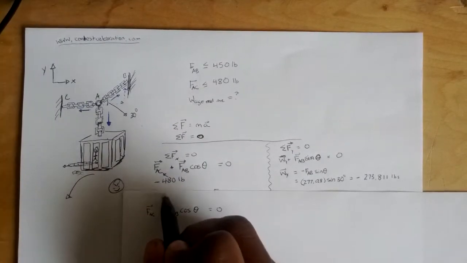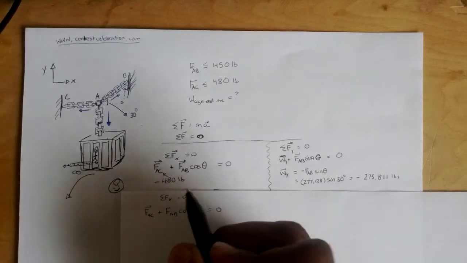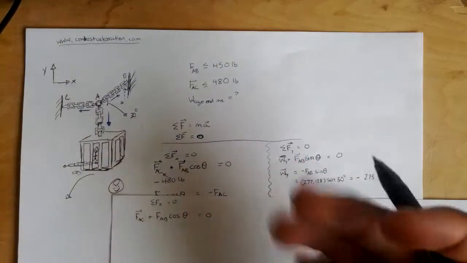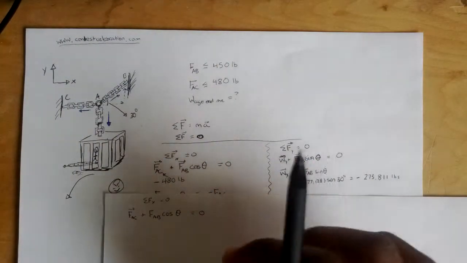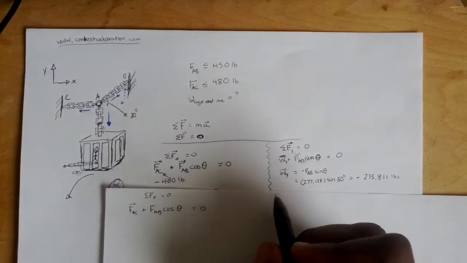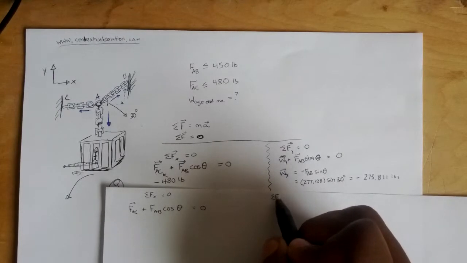And this is the sum of all forces in the x direction. There are different ways to write this problem. Some people like to use a vector notation and keep everything in one equation, but I find that to be a little more difficult than it needs to be. So back to our problem.